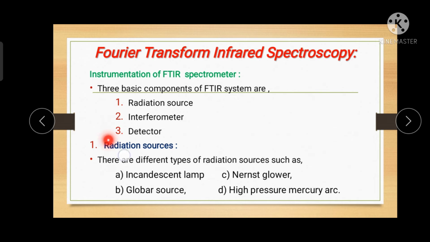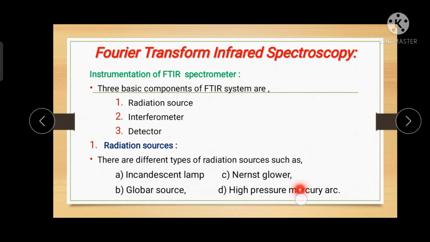So first we will discuss the radiation source. We will discuss one by one, but first is the radiation source. There are different types of radiation sources, such as the incandescent lamp, second the globar source, next the Nernst glower, and last the high pressure mercury arc.